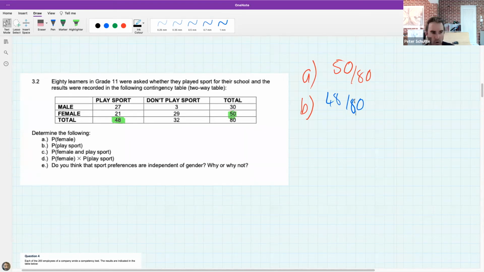Once you've finished A, B, C, D, E, who wants to tell me their answer? Who wants to see if they know whether or not sports preference is independent of gender?